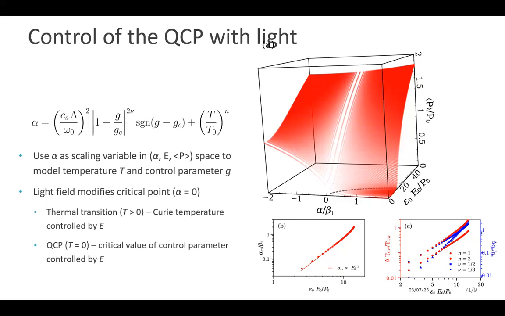For negative mass, you already have a ferroelectric phase, but for positive mass, the order parameter P, with the red dots, is zero.